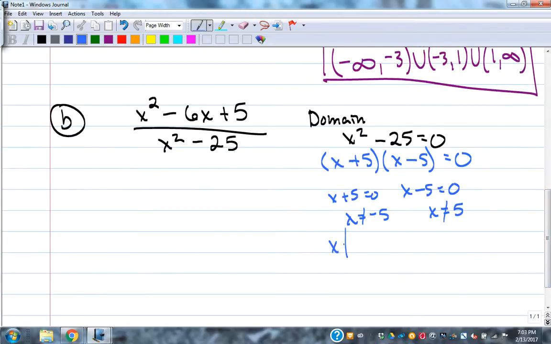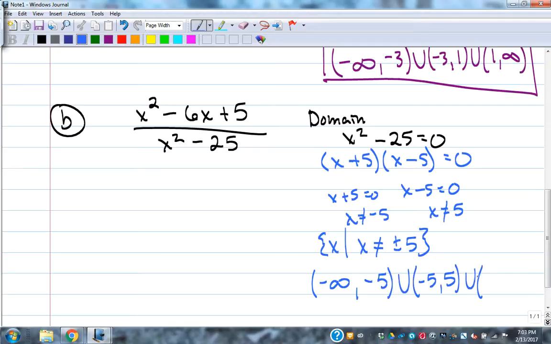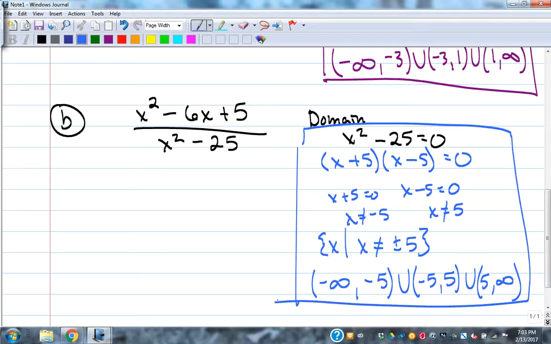So our domain is all x's as long as x does not equal plus or minus 5. That sure is a nice way of writing that, but let's write it in interval notation as well. Negative infinity to -5, -5 up to +5, and then from 5 to infinity. There's our domain. That's how we found the domain of that.